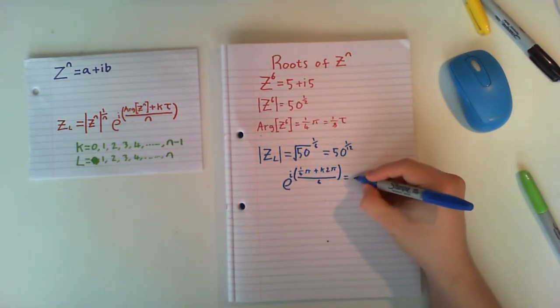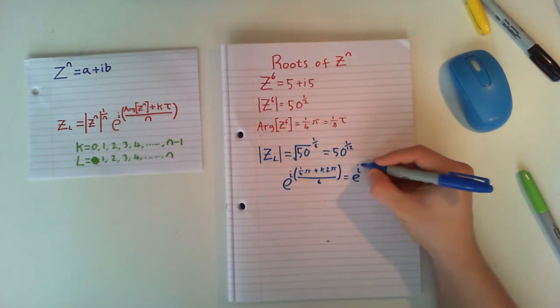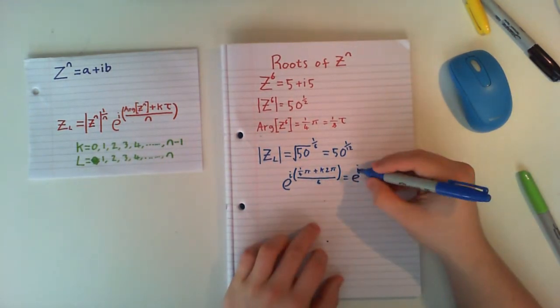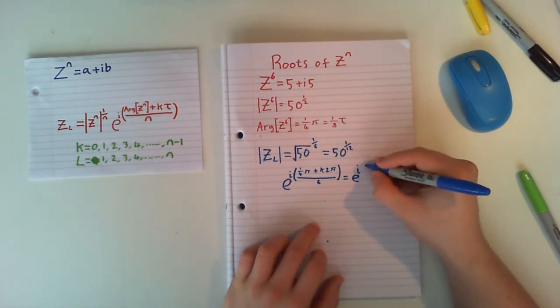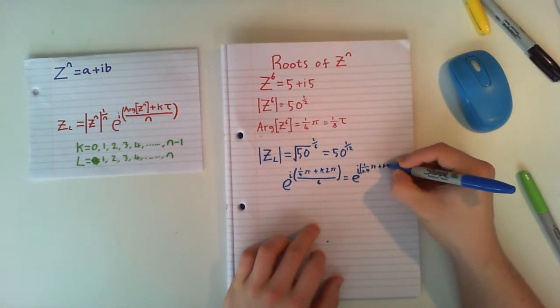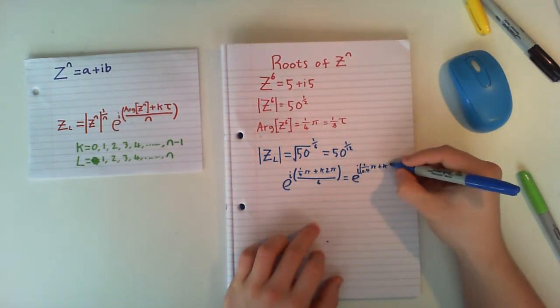So we can now see that this is going to be equal to e to the i, 1/6 of 1/4 is 1/24, so 1 over 24 pi plus k, now k we're going to get 1/3 pi.